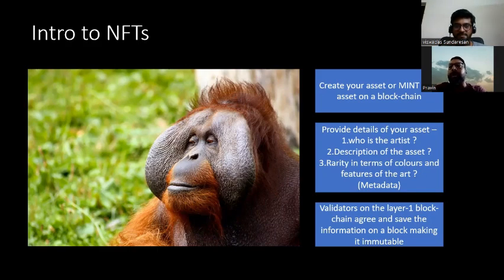If anybody wants to create the same digital art with the exact same code as the picture you own, the blockchain will not allow it because it would be a duplication. Correct. Yeah, correct.